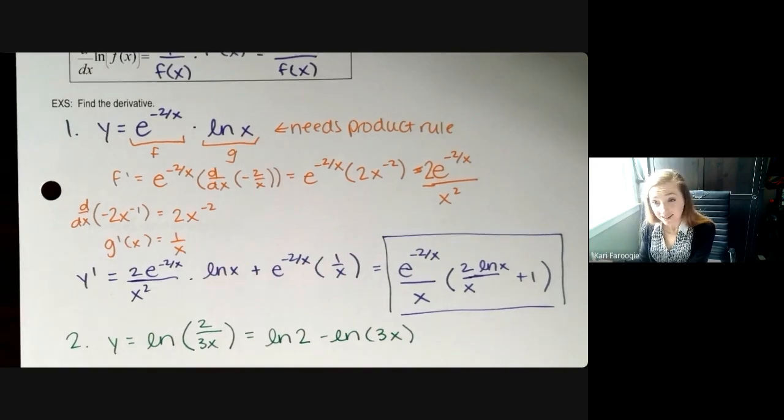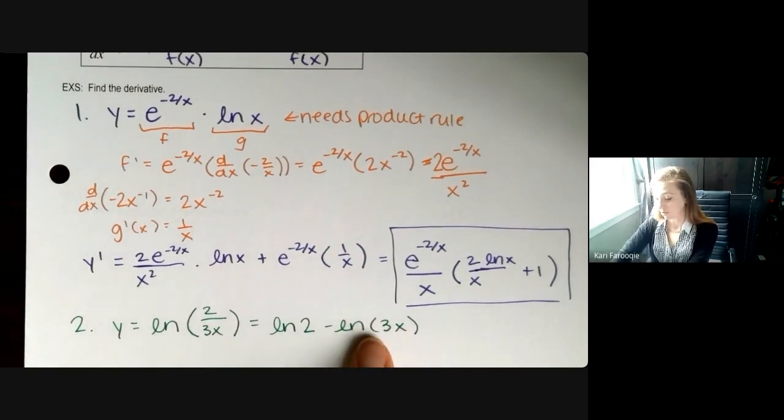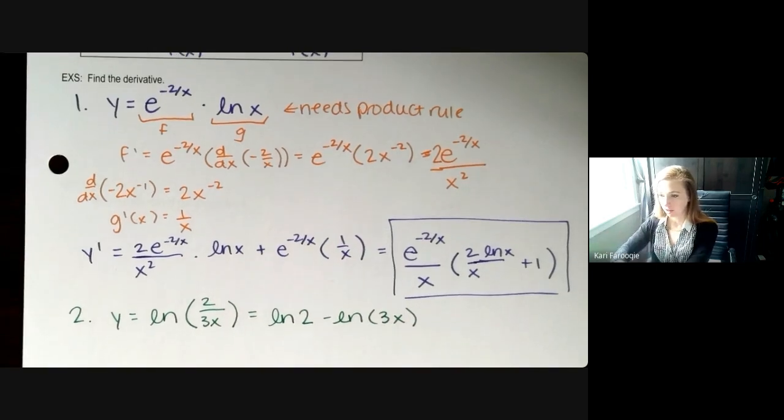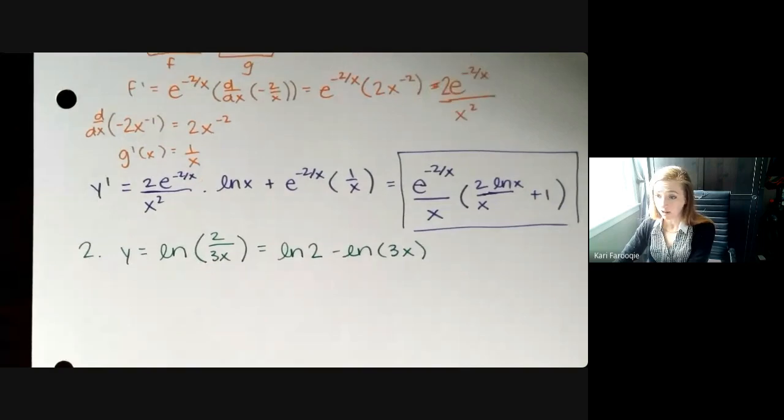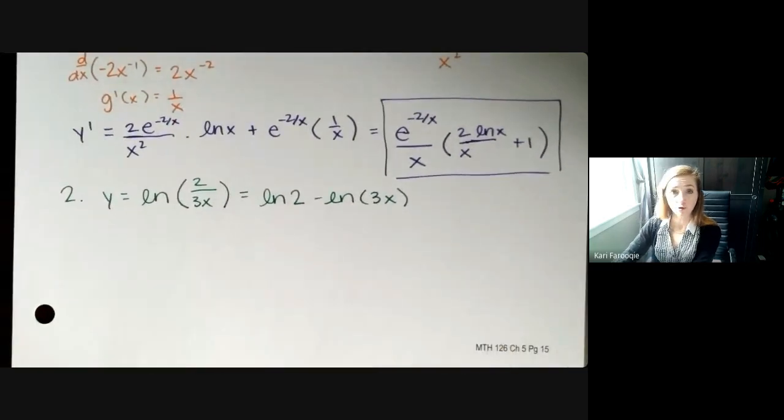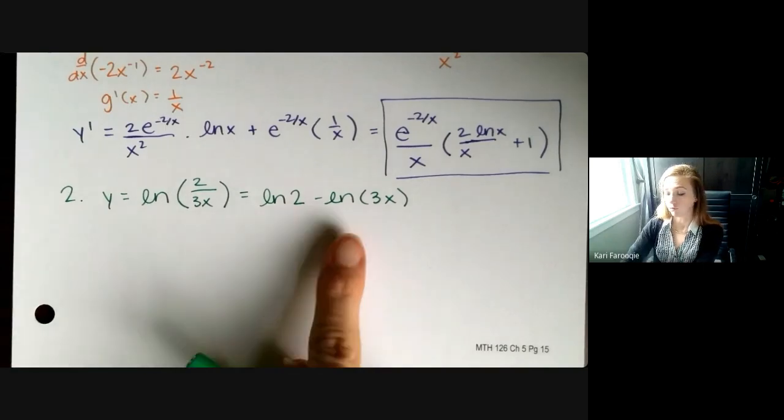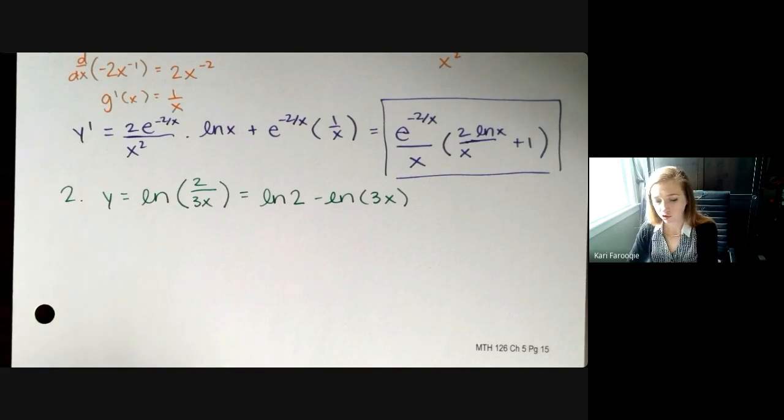You could technically even split this up into the natural log of 3 plus the natural log of x. But I say let's just not get too crazy with our rewrite. But a lot of times rewriting using these rules for logarithms is really going to help you simplify the expression to make your derivative a lot easier. So usually we rewrite this first, just so that we don't have to deal with as much quotient rule if we don't have to.